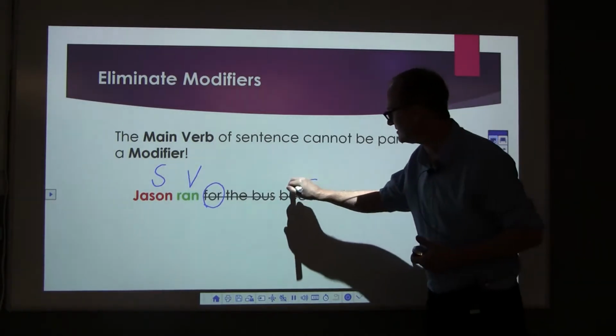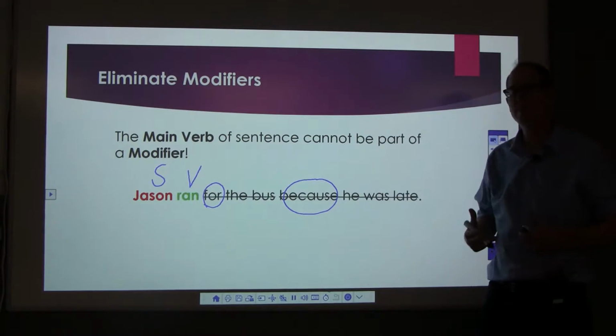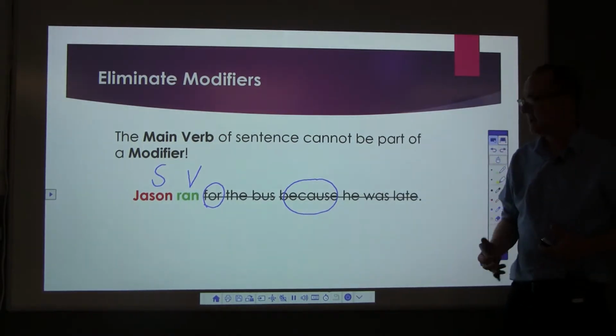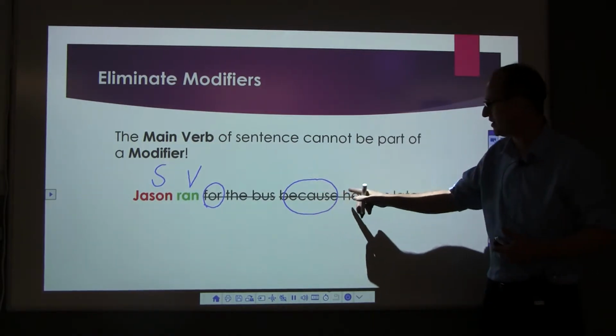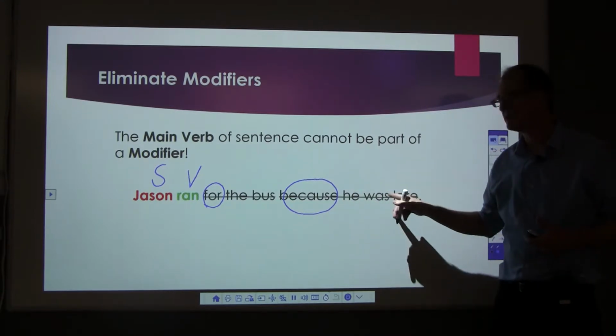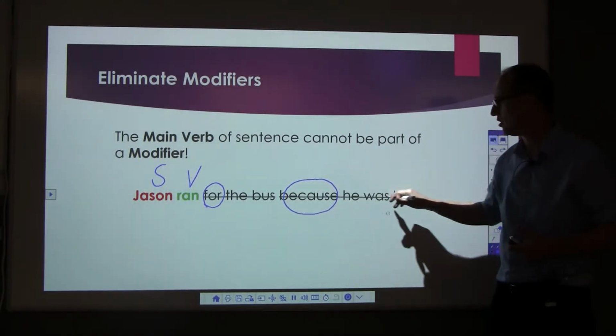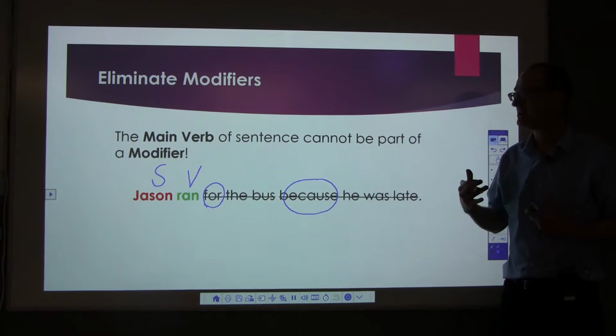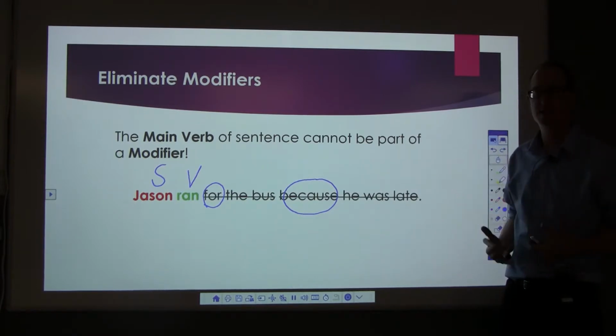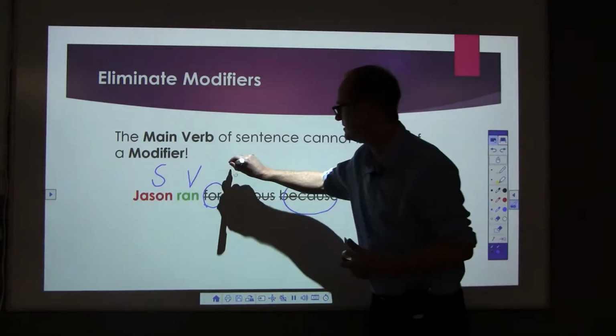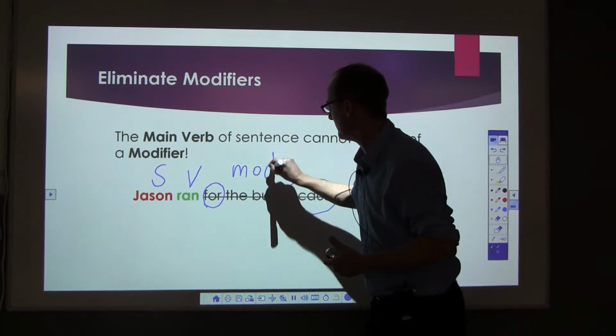And because is another word that always begins a modifier. And so what you're going to see after because, you're going to see a subject and a verb. Stroke that whole clause out. It cannot contain the main verb of the sentence because it's a modifier. So both of these are modifiers.